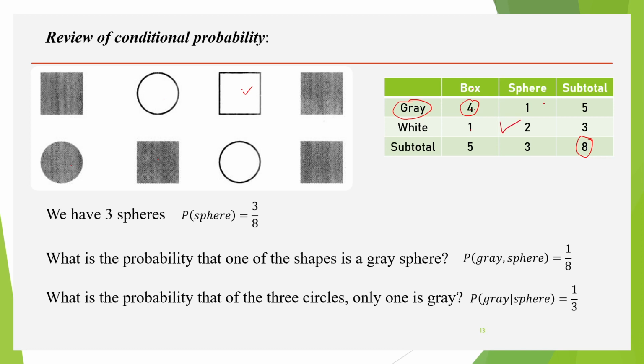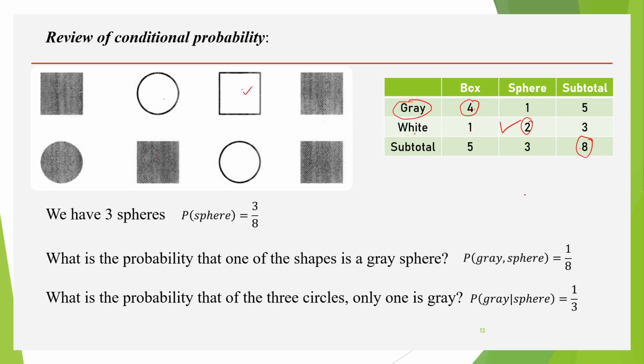This table gives you the prior knowledge: the probability of gray box is 4 over 8, the probability of white sphere is 2 over 8, and so on. Now we use conditional probability. We take one item, we know that it's a square, and we want to compute the probability that this square is gray.